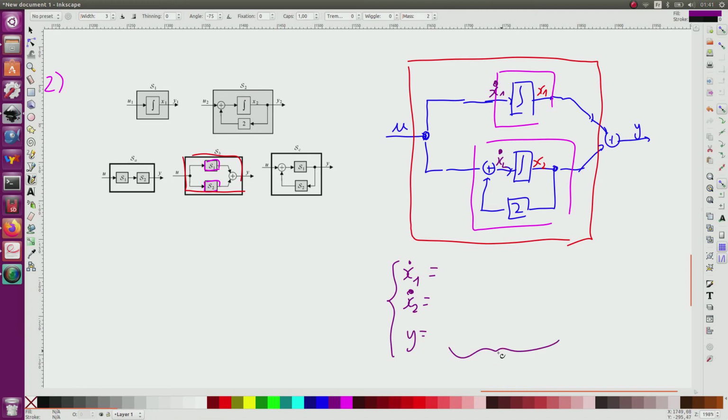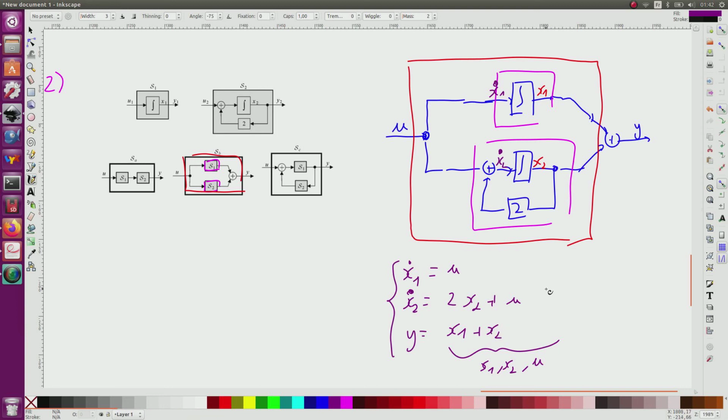And here I am only allowed to put x1, x2, the state, and the input. So here I will have x dot 1 equal to u, x dot 2 equal to 2x2 plus u, and y equal to x1 plus x2.